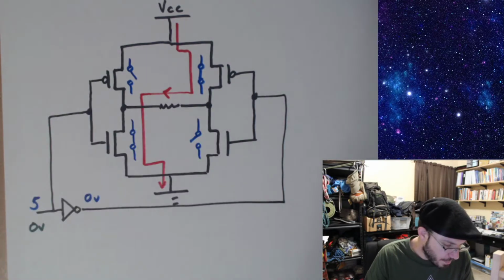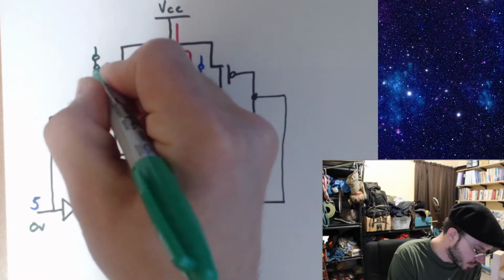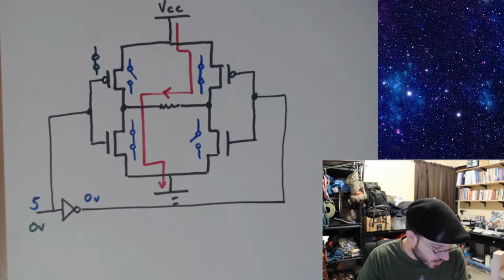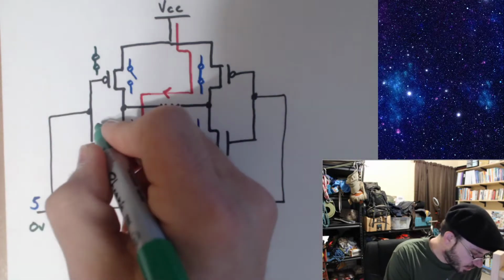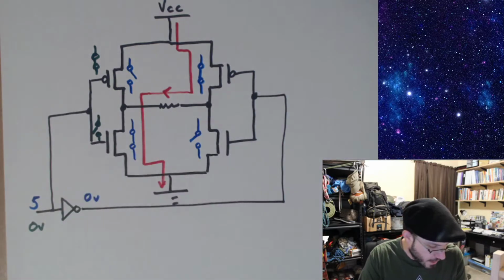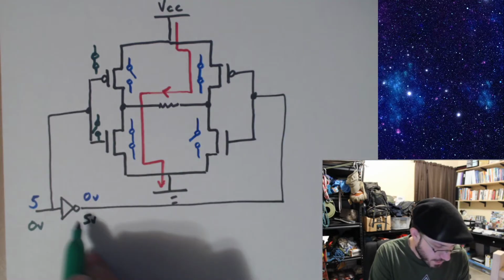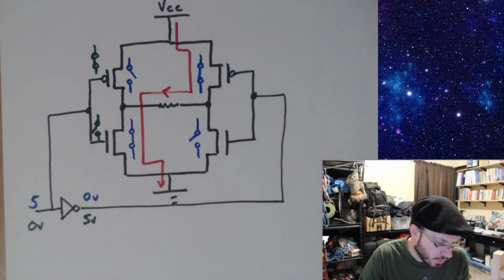0 volts into a P channel is now closed. 0 volts into an N channel. It is now open. 0 volts turns into 5 volts. 5 volts into a P channel.